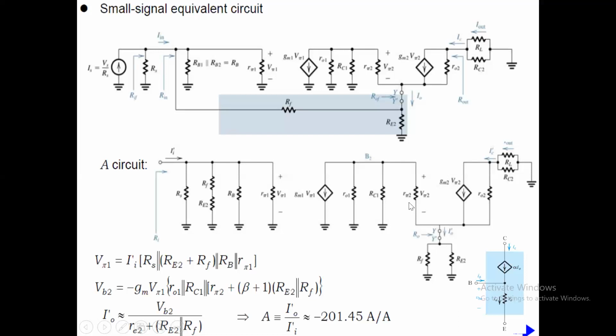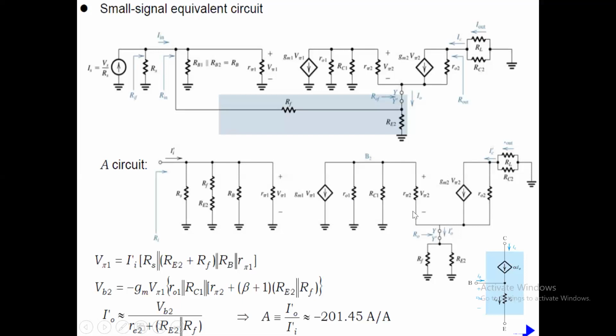Now, the current which is flowing through this network is the IE current, but this should be translated onto the base side to add to the R pi 2. So therefore, in the first two parts you can see RO1, RC1 here in parallel, but the rest of the thing is R pi 2.